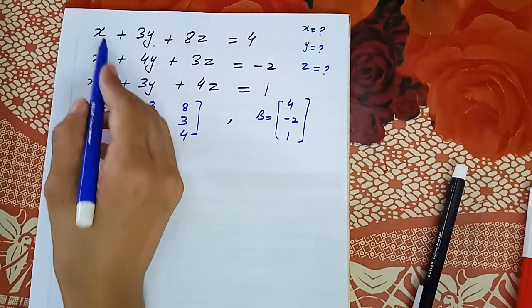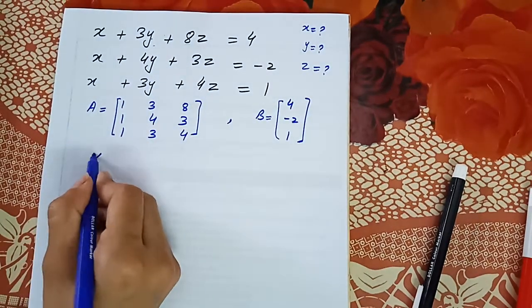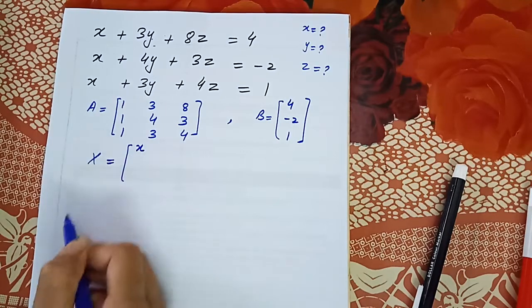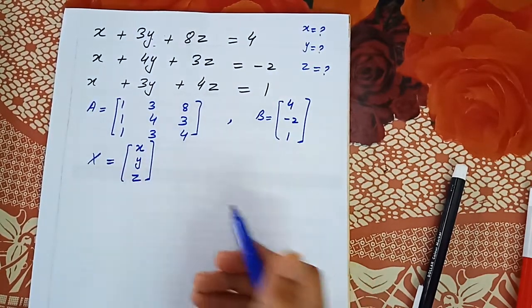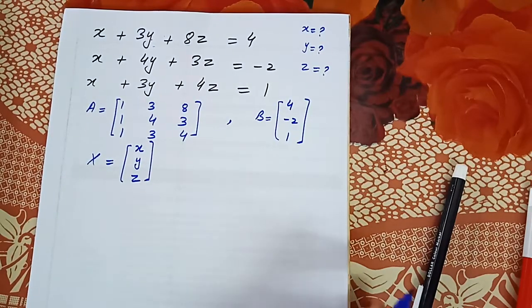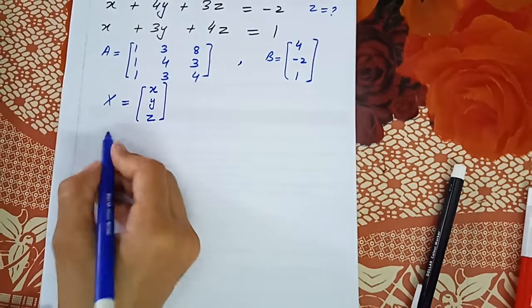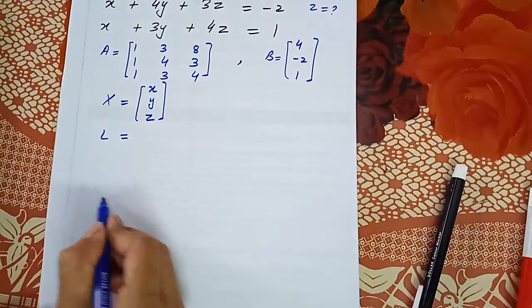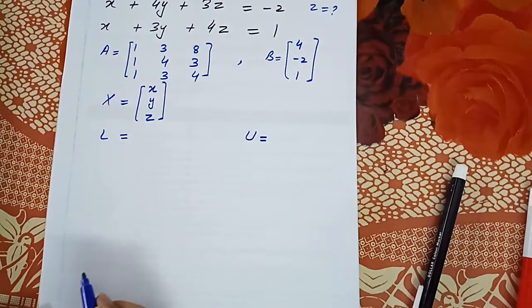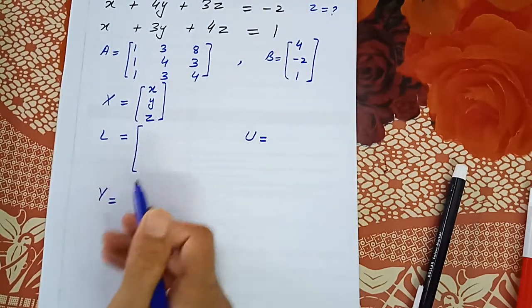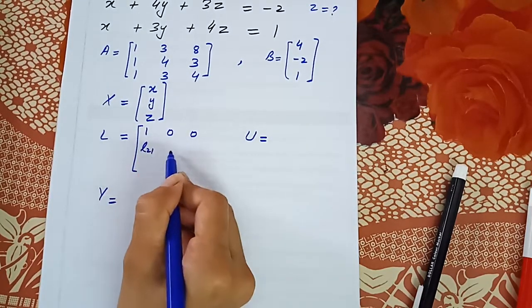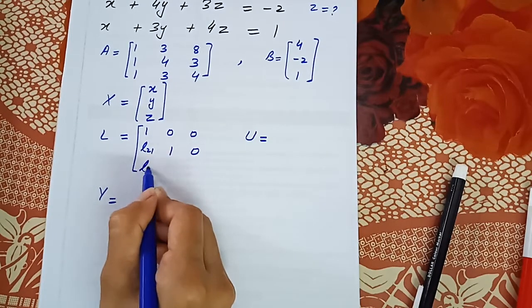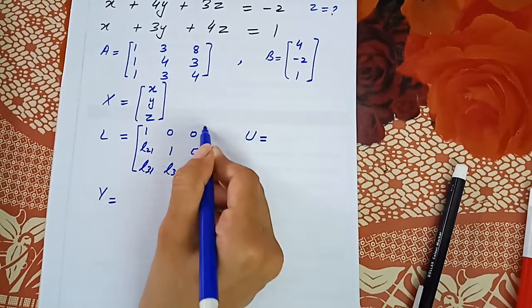Now, this unknown is your X matrix. So in the X matrix, you need to find the value of x, you need to find the value of y, and you need to find the value of z. And you know that we need another matrix, that is the Y. We need the lower triangular matrix, we need the upper triangular matrix, and we need another matrix, that is the Y. Now, the lower triangular matrix is 1, 0, 0, L21, 1, 0, L31, L32, and 1.